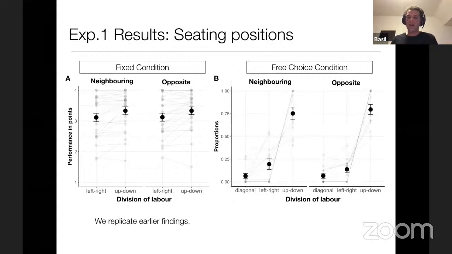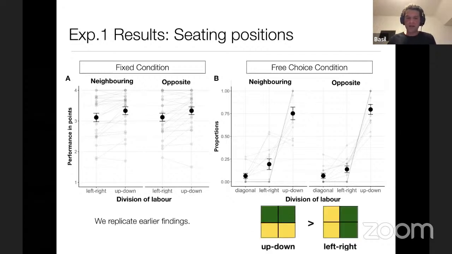Now, if we look at the strategy choices, we also find that participants prefer an up-down labor division strategy. So in line with this performance advantage, they also choose the better strategy. And the seating arrangement had no effect on whether you're biased towards the left-right labor division strategy. So here's also this clear preference for an up-down labor division.